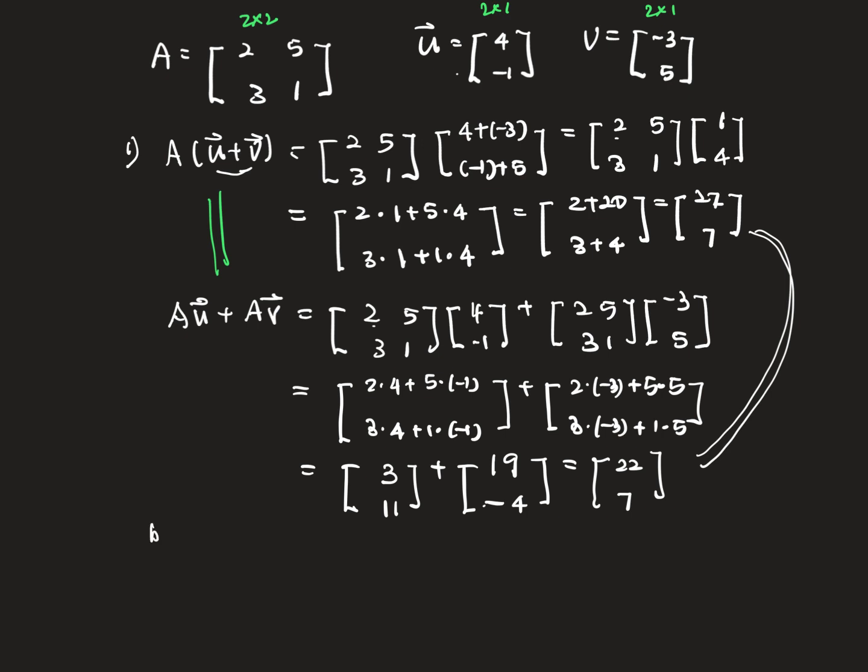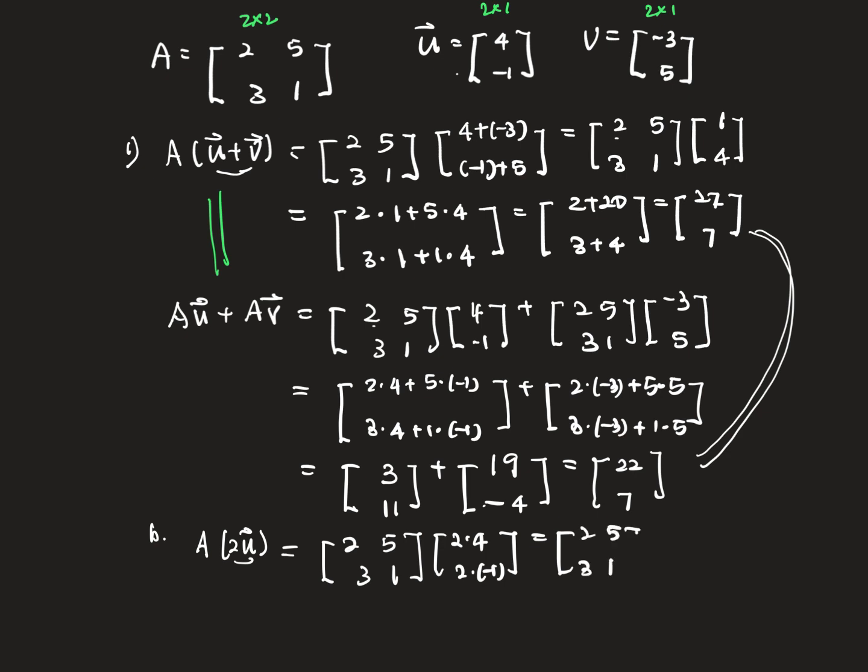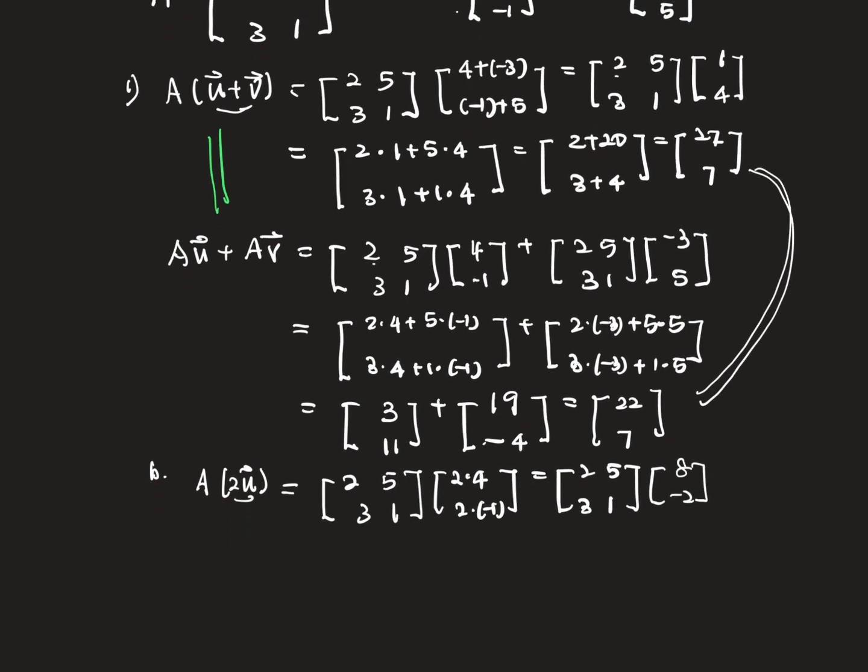Let's do the scalar multiplication. So let's do A times 2u first. What is this one? A is going to be 2531. 2u, 2 times u, 2 times 4, 2 times -1, 8, -2. Guys, you should practice by yourself, okay?